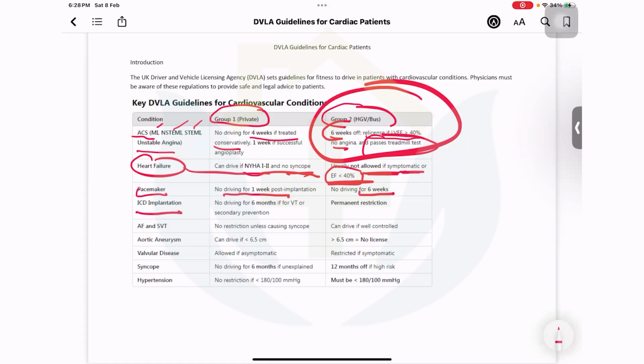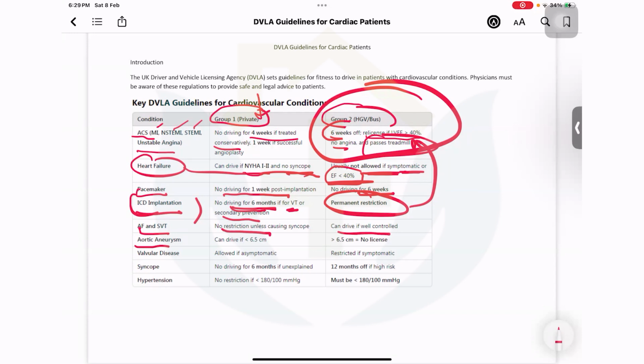ICD implantation, permanent restriction from public driving. Absolutely. If the ICD battery goes down, the patient can die and kill everyone around. But for a patient who drives for themselves, no driving for 6 months for VT or secondary prevention. Atrial fibrillation and SVT, give medication, no restriction, can drive if well controlled, even a public vehicle.